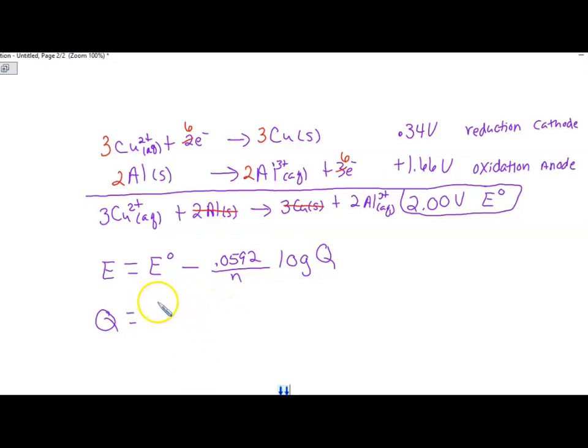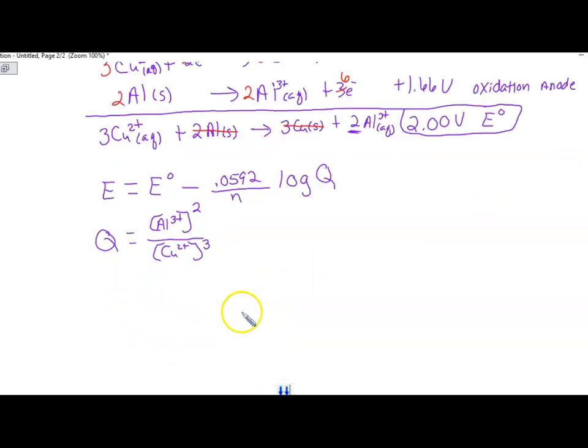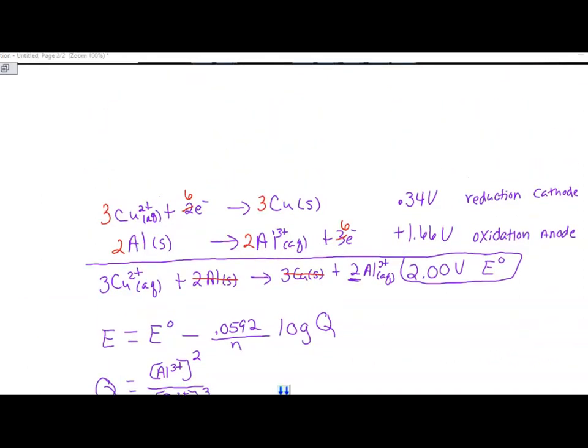So I'm going to be looking at products, so of aluminum ions, and they're going to be raised to that second power divided by the copper ions concentration raised to the third power. So this is going to stay true for all of our examples. So I'm not going to erase that. I'm just going to plug into that. All right, so our first example, example A, has us changing our concentration of, I've already forgot. Let's go look up.